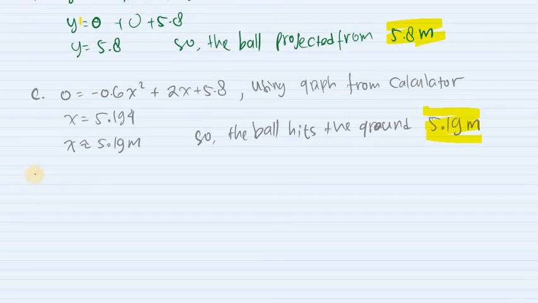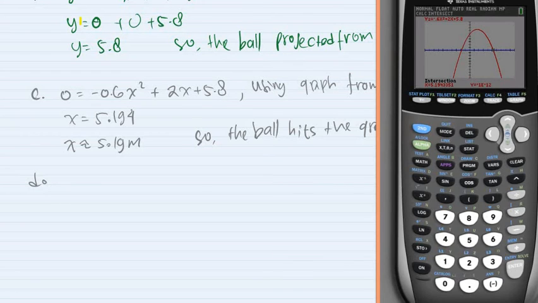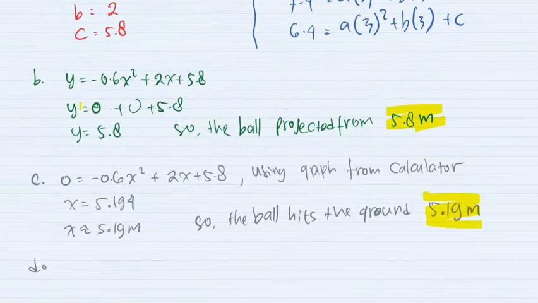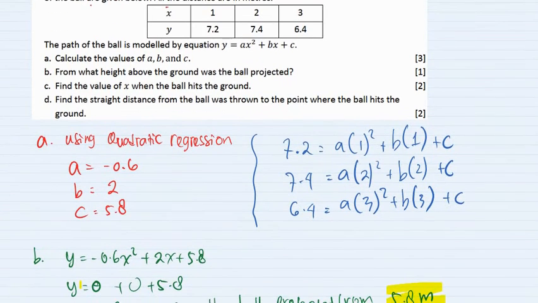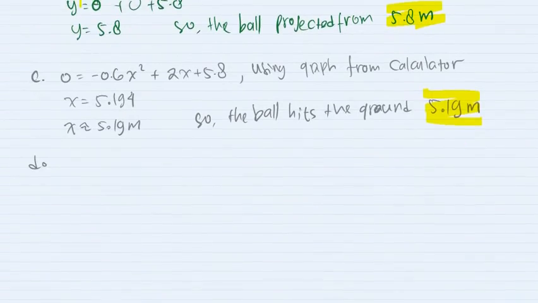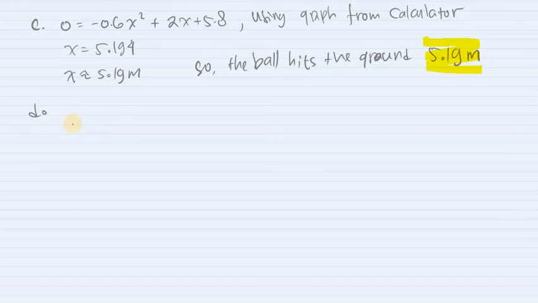Okay, and then D, we have to find the distance the ball traveled, the distance to the point where the ball hits the ground. Okay, so if we draw it a little bit, wait, this is a very bad drawing. Let's change the color.